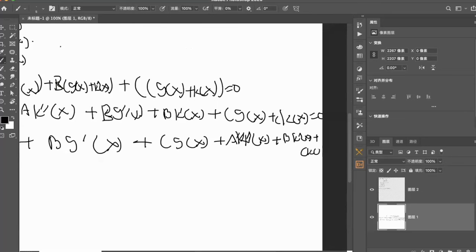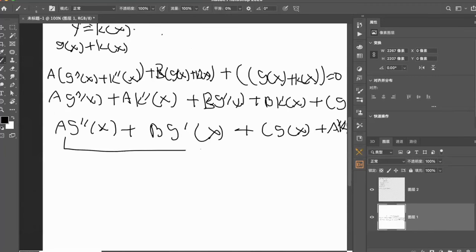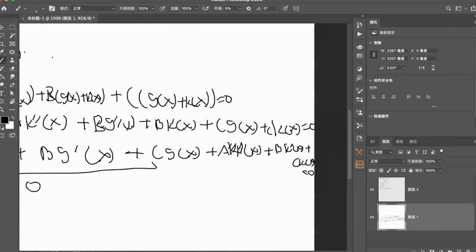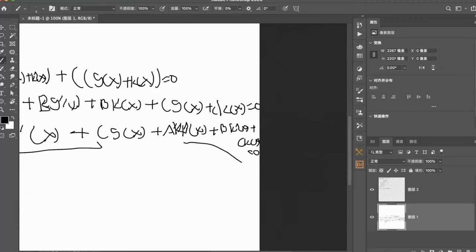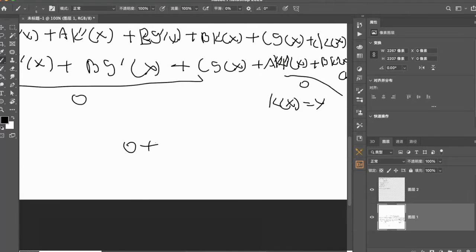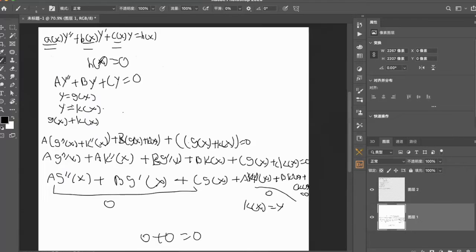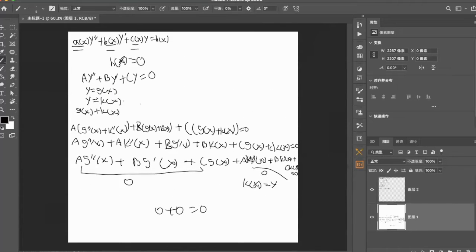And do you see what we get? We know that this part in front is 0. And we know this part, since k is another solution, is also 0. 0 plus 0 equals 0. This is the second property: a solution plus another solution is also a solution.